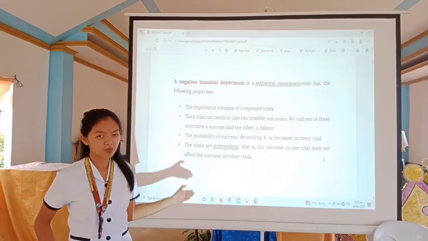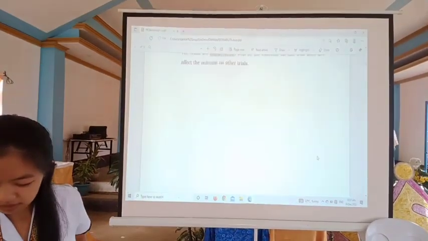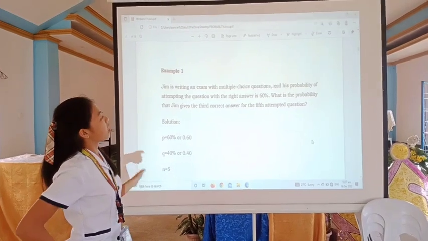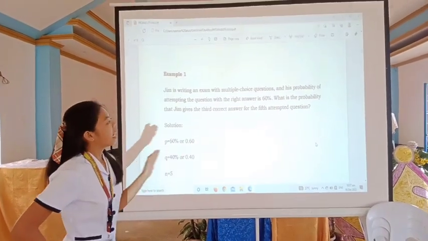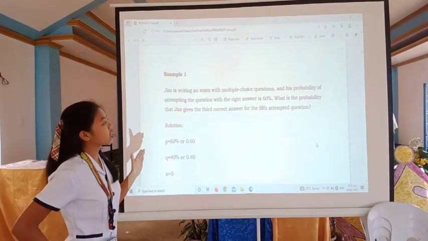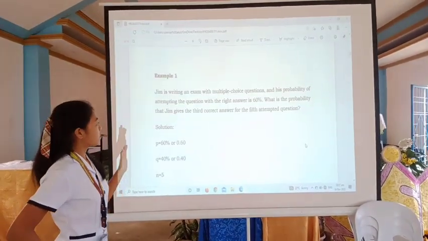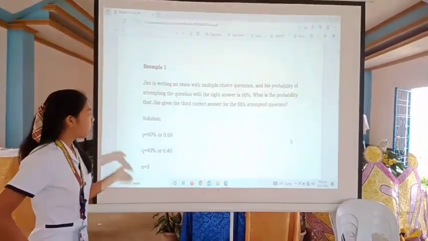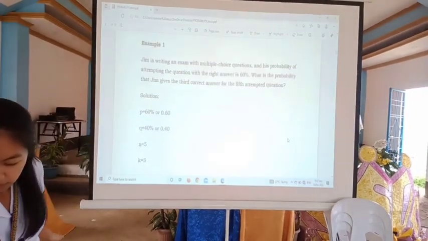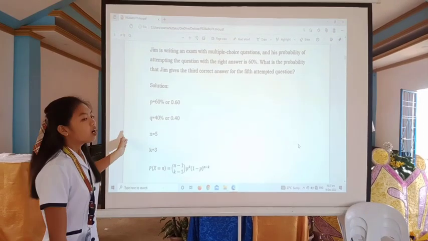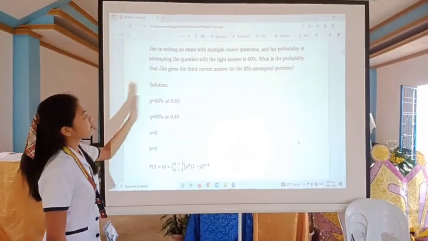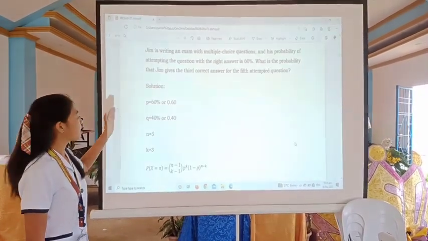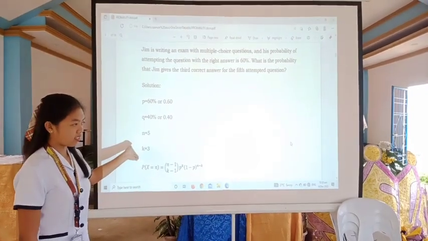Let's proceed to example number 1. Jim is writing an exam with multiple choice questions, and his probability of answering a question with the right answer is 60%. What is the probability that Jim gives the third correct answer on the 5th attempted question? For the solution, it is very important to first identify the givens: the probability, the failure, the number of trials, and the success.